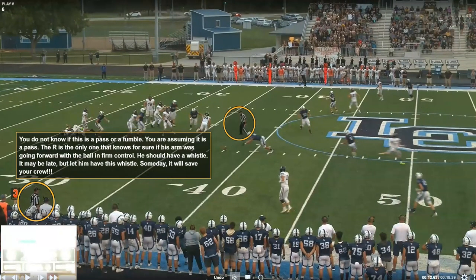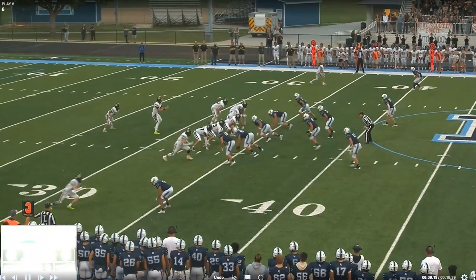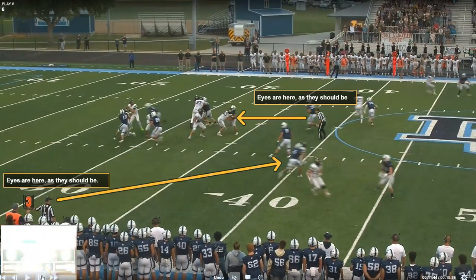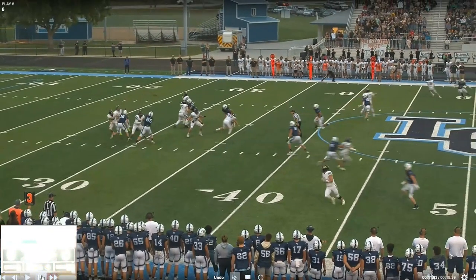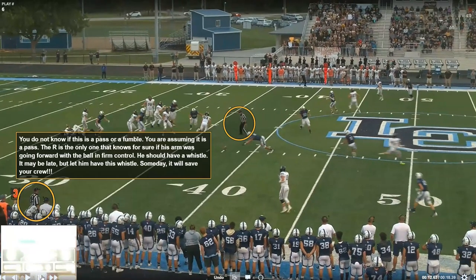Because it's really close if he has possession of this ball when he gets contacted. He does, but these guys don't know, okay? We had a ball in a college game that went 15 yards downfield and somewhat of a spiral and had somewhat decent pace on it where it was a fumble.